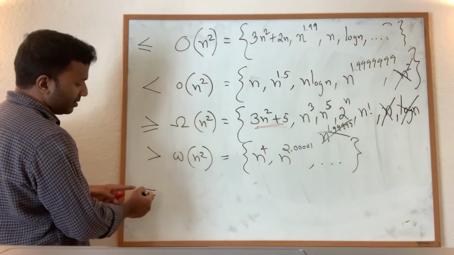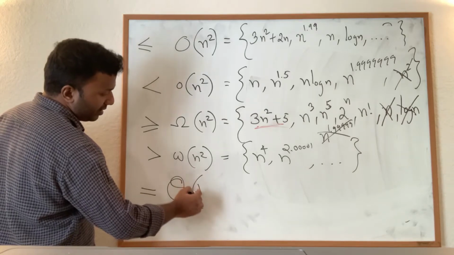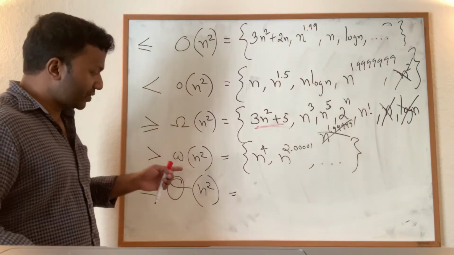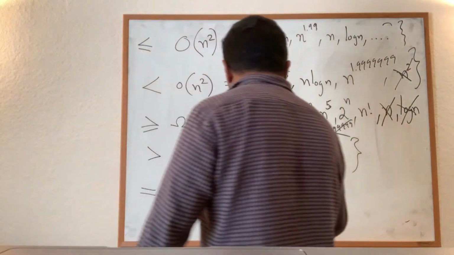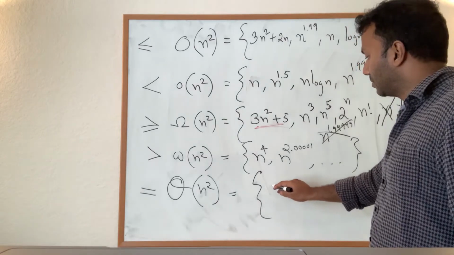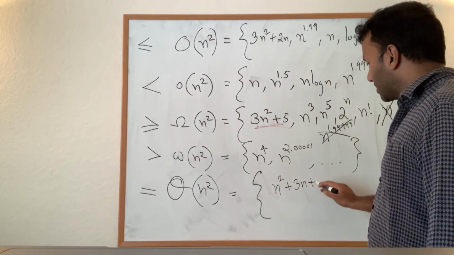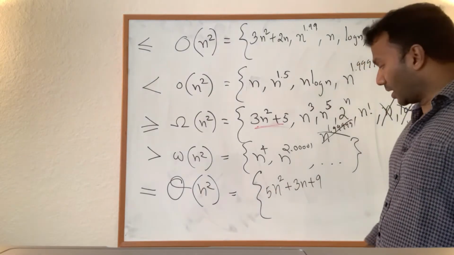And lastly, this is kind of like equal to, and this is called theta. Theta of n square basically means the set of all functions whose dominating term is equal to n square. So n square plus 3n plus 9, or even if you have a constant in front of this, that's okay.